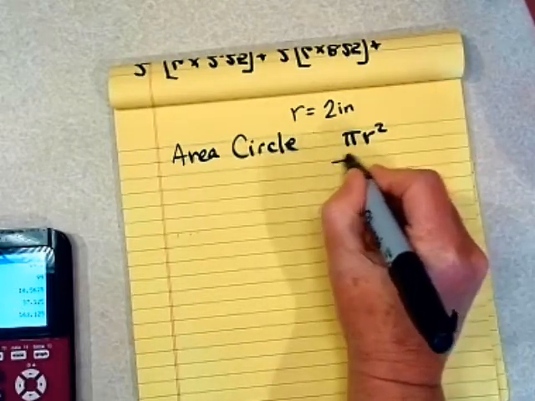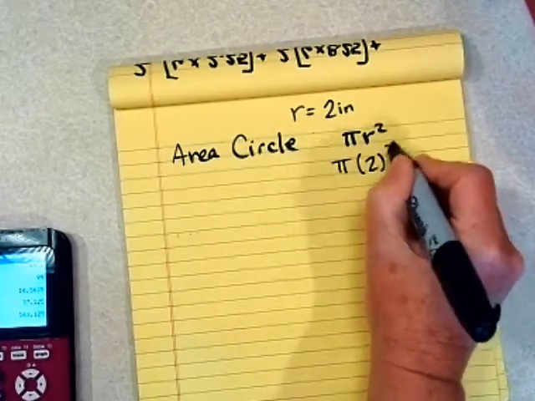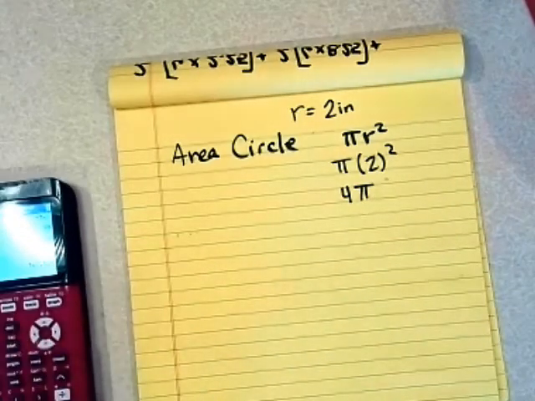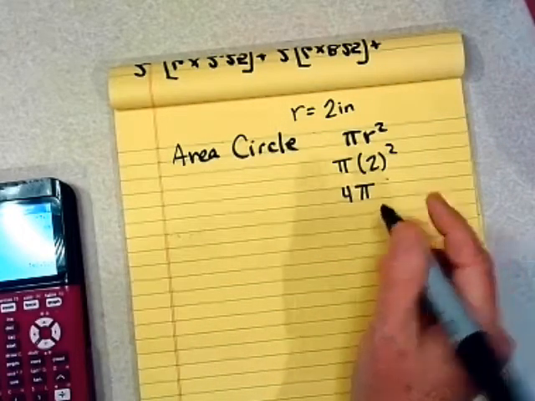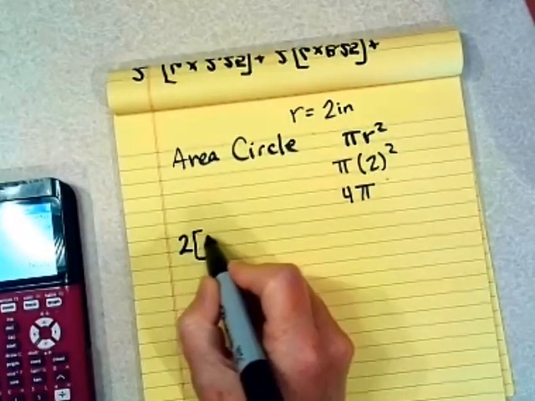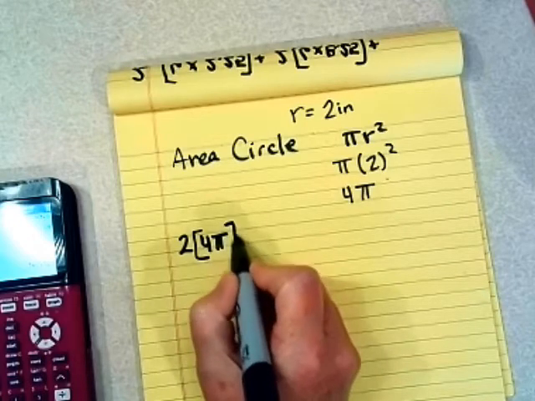So this is pi times 2 squared, which turns out to be 4 pi. Now, that's the top and also the bottom. So you have 2 sets of 4 pi.